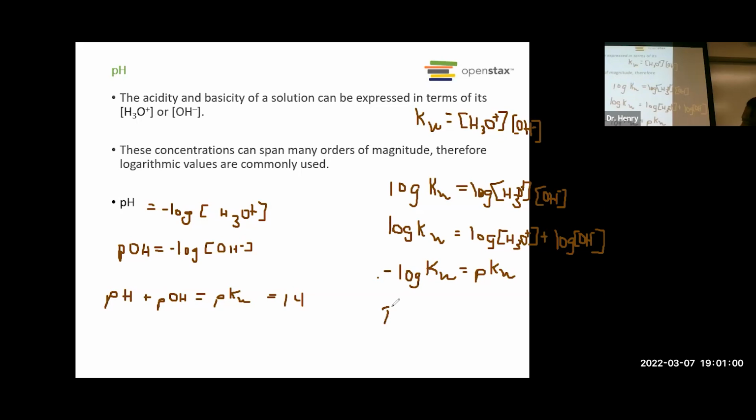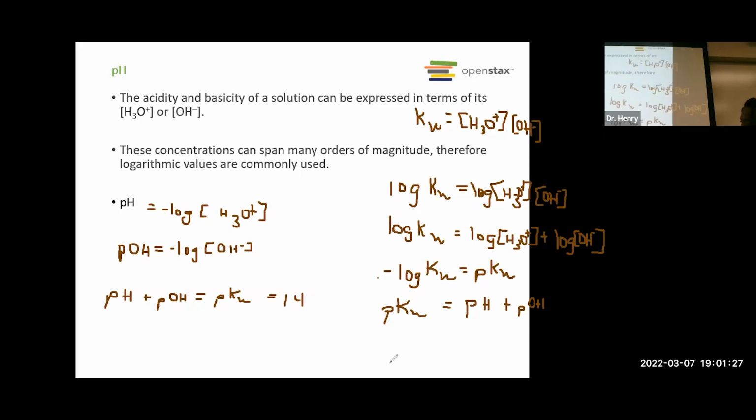So we get pKw equals pH plus pOH, since we know that these are the definitions of those.